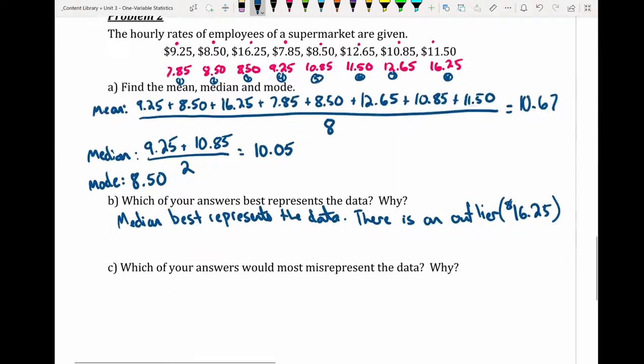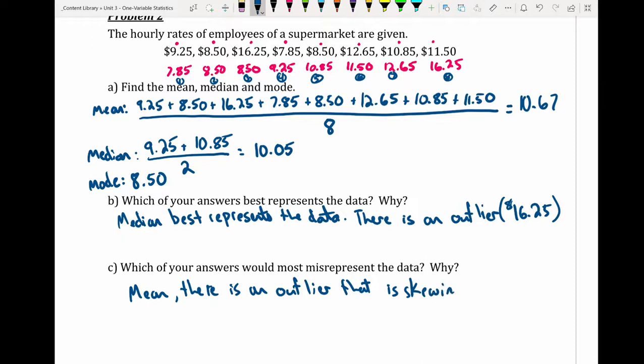So which of your answers would most misrepresent the data, and why? This would be the mean for the same reason. There is an outlier that is skewing the data.